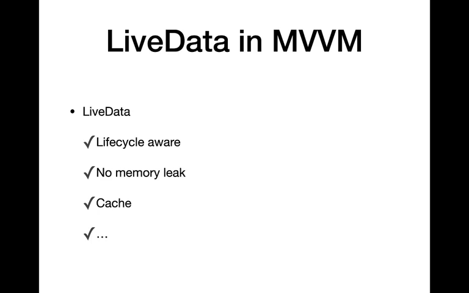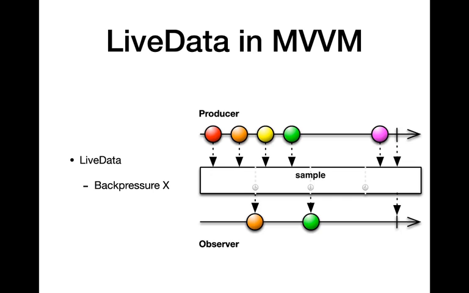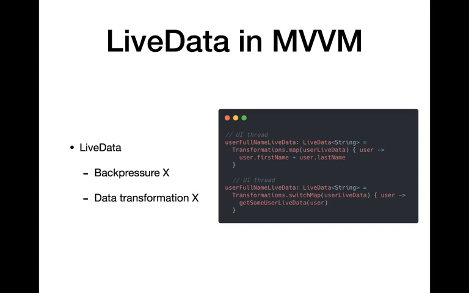So these are some of the advantages of using live data, but there are some disadvantages of using live data. So let's see what are they. Live data doesn't support back pressure, and if you're trying to make some data transformation with live data, it's kind of limited.